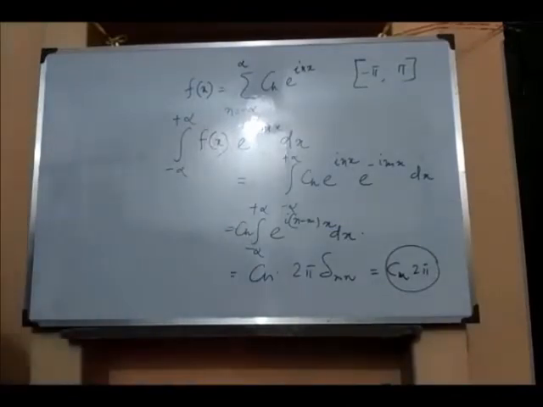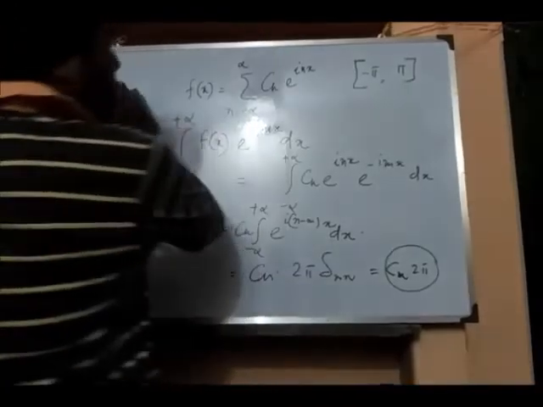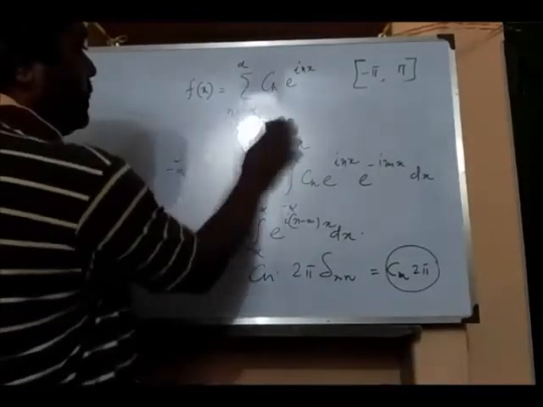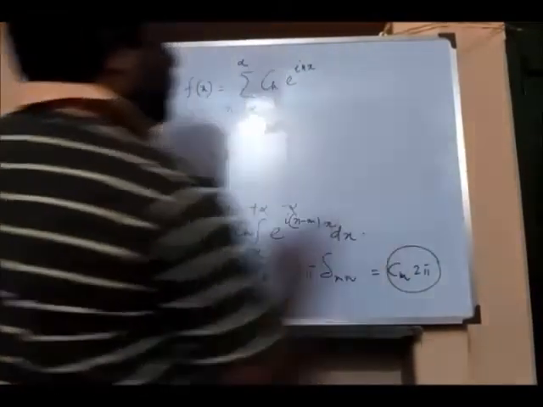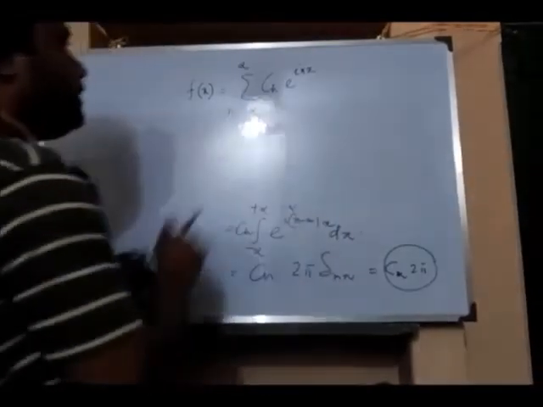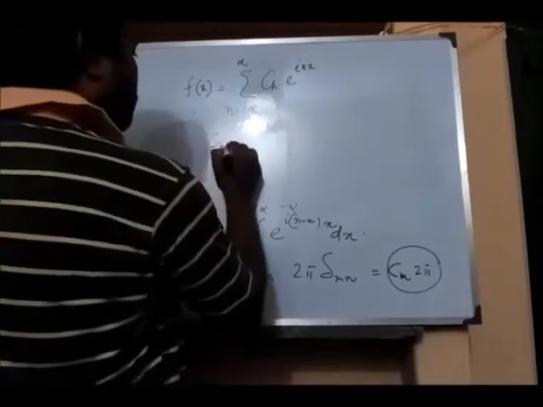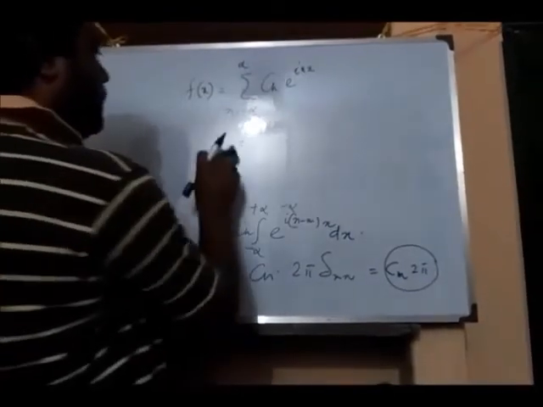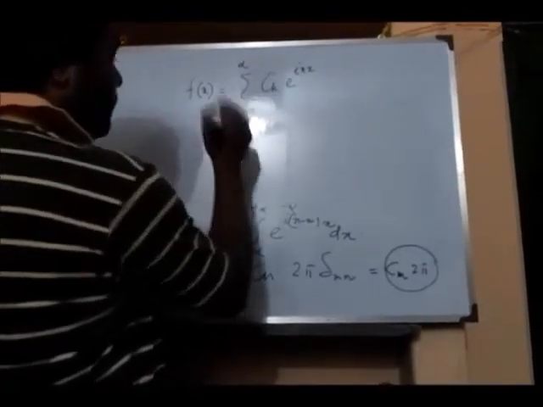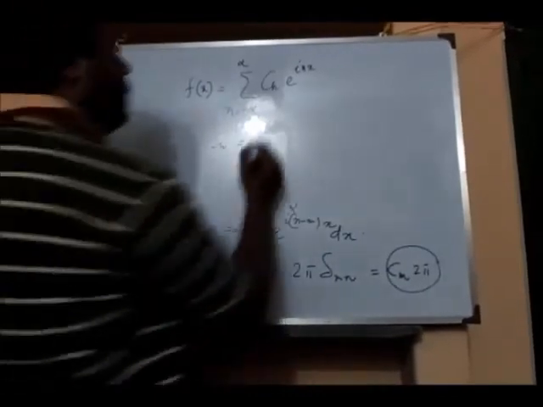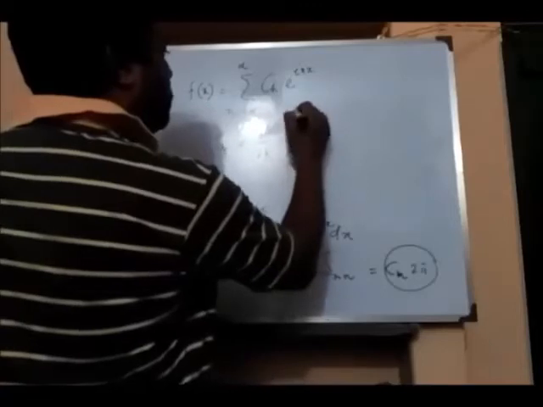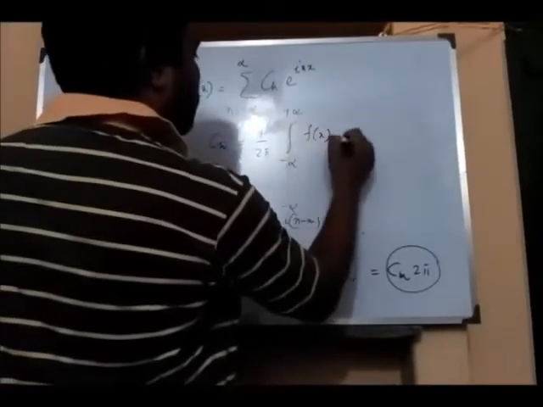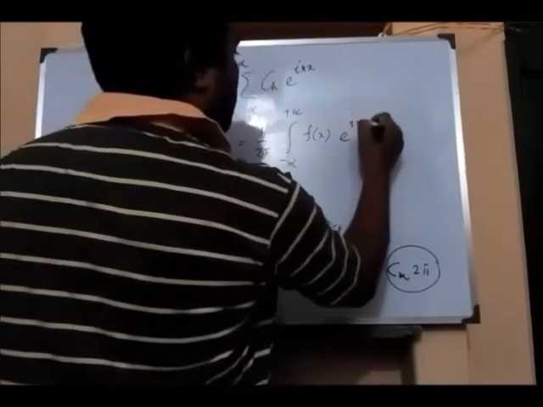Now what is the value of this c n? The c n which I assumed here as a coefficient will be 1 upon twice pi, integration from minus infinity to plus infinity f(x) e to the power minus i n x.